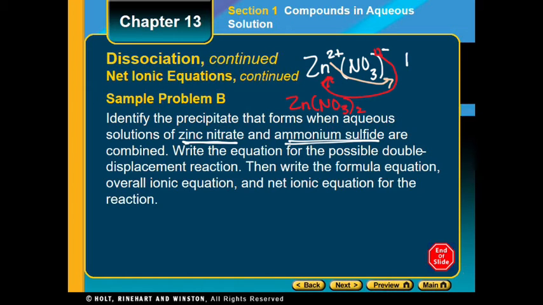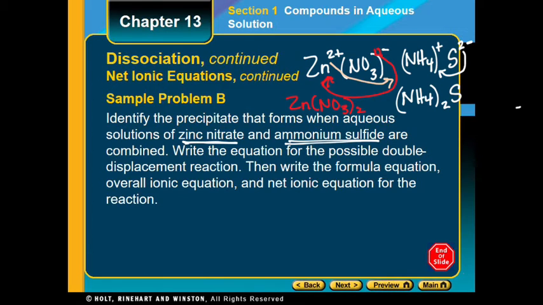Ammonium is NH4 with a 1+ charge. Sulfide is a 2- charge. And you cross those over because a 2 and a 1 do not cancel. Your final formula, NH4, the 2 crosses over. S, the 1 would cross over from the 1+, but it is not needed.